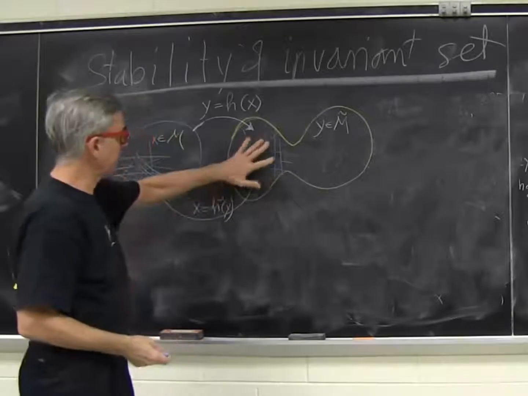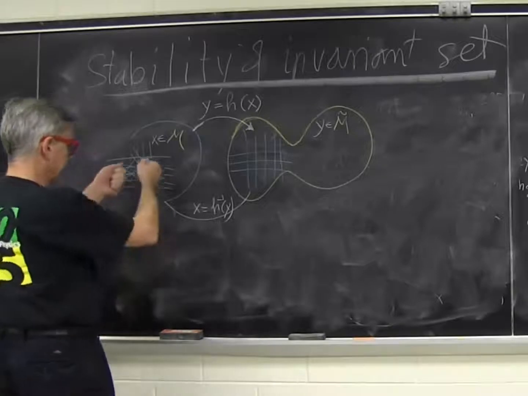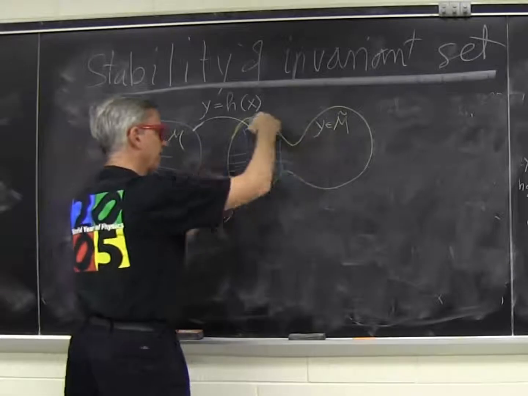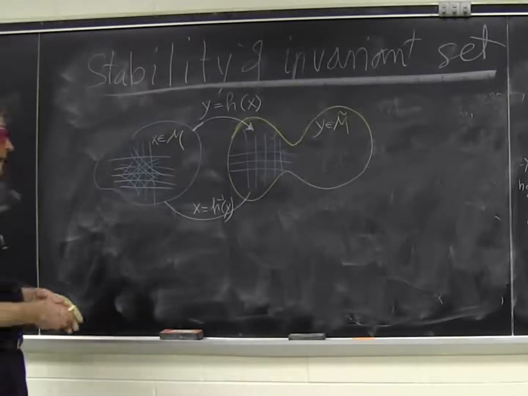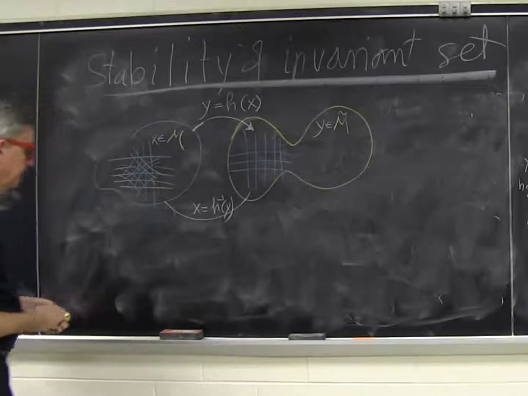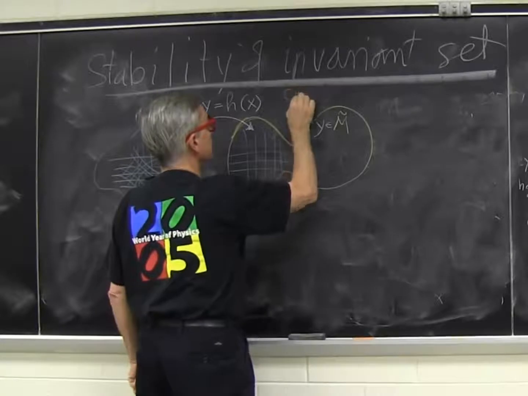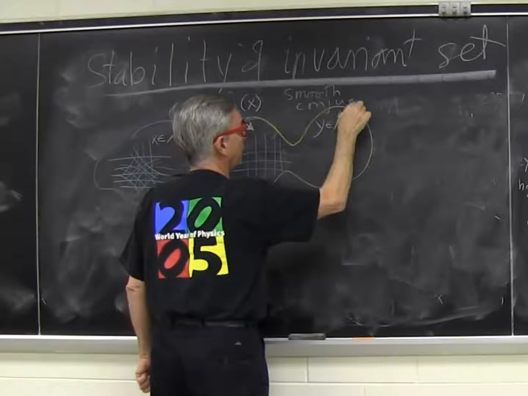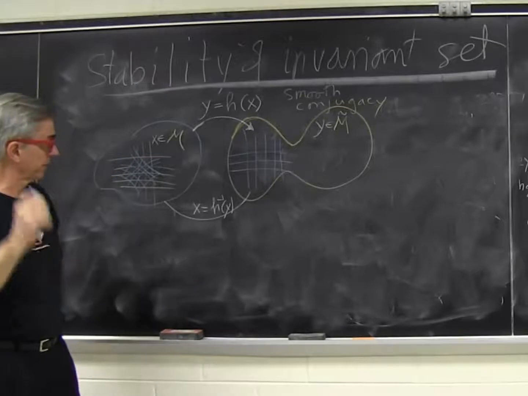So I can think of this transformation from one set of coordinates to the other as taking a piece of rubber and stretching it. So the things line up. And the stretching and deformation is described by this h, and of course this happens in d dimensions, so this is a big deal. And this is called a smooth conjugacy. Conjugacy is any relation where I can go back and forth.